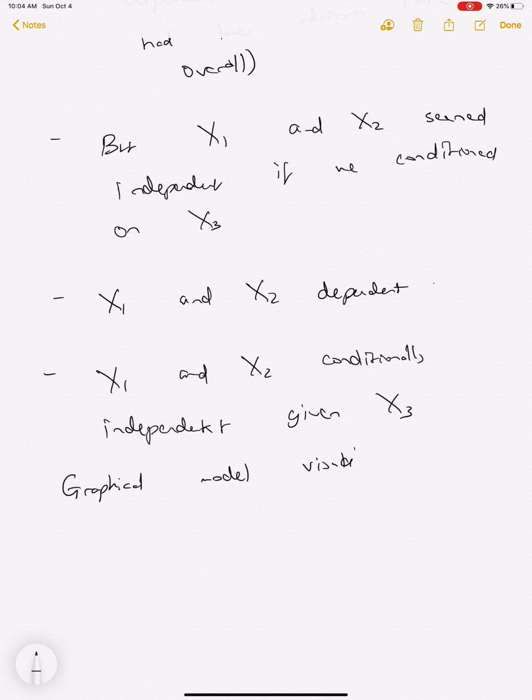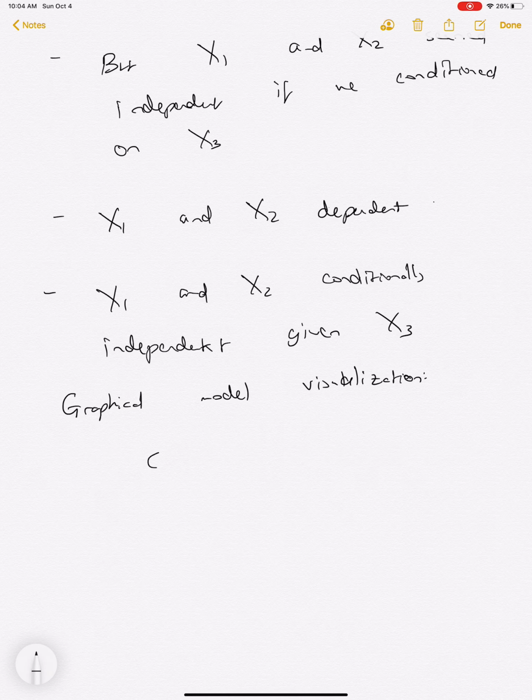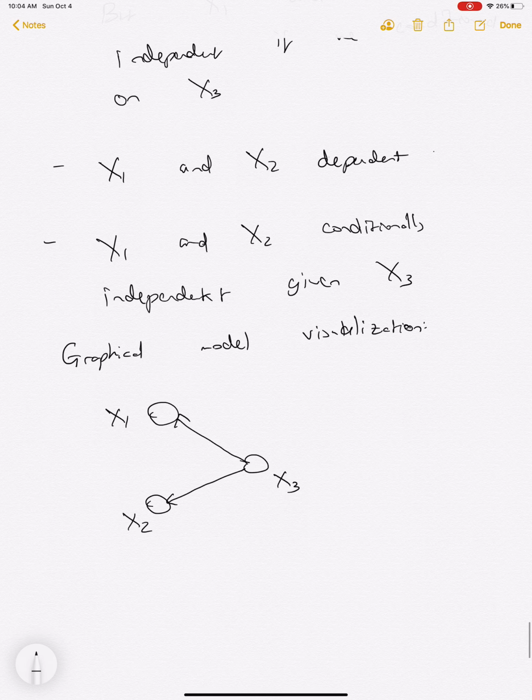Because it allows you to visualize this. So what it actually means is that we have these arrows here from X3, and this is what's referred to as confounding or confounders.